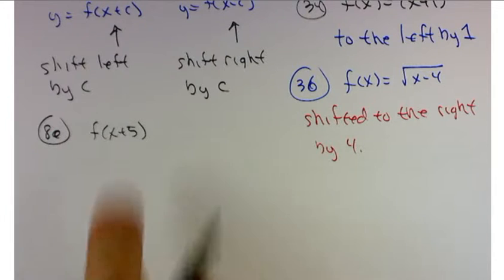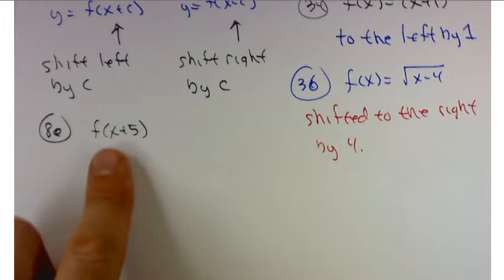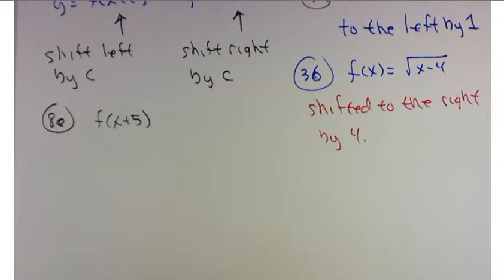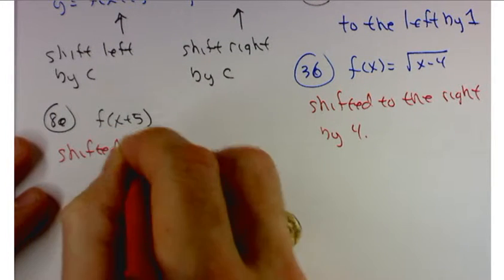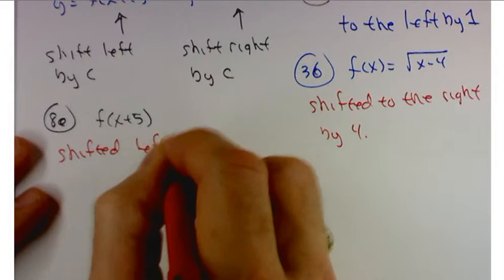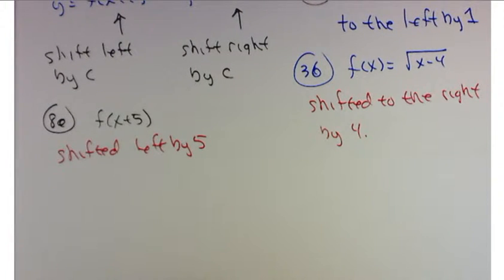So if you knew what the graph of f of x is, how would the graph of f of x plus 5 look? Shifted to the left by 5. Great. So a little bit more abstract, but still workable.